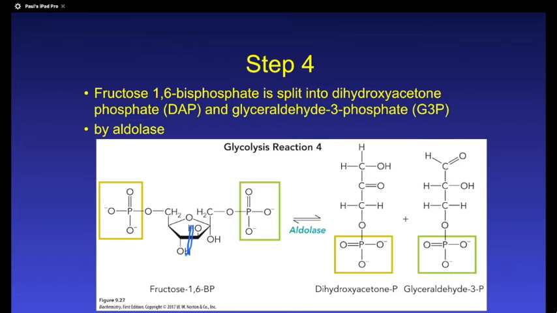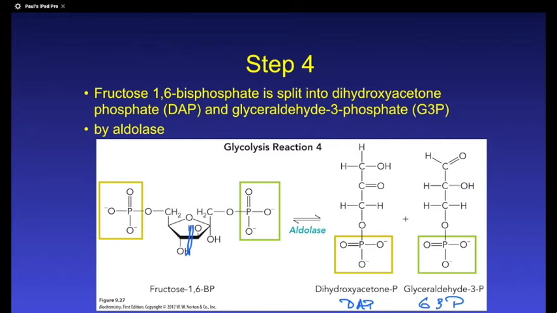And we get dihydroxyacetone phosphate and glyceraldehyde 3-phosphate. Those are our acronyms. All right.